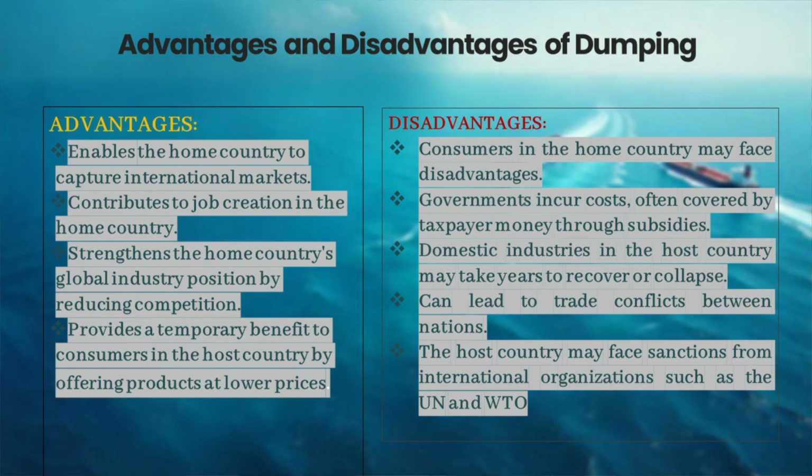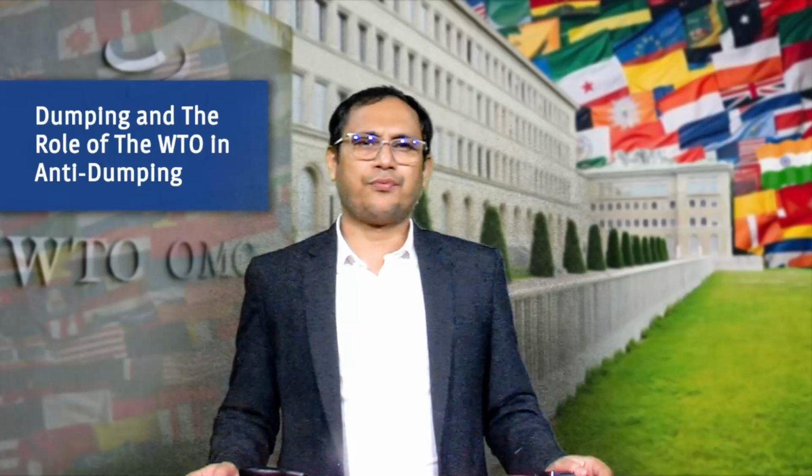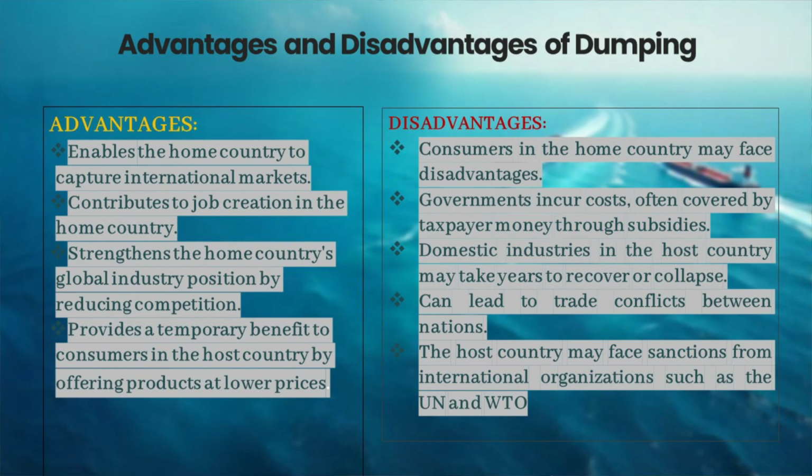It also strengthens the home country's global industrial position by reducing competition. This is obvious. This is basically a corollary of the second advantage, which I have already discussed. The fourth advantage of dumping is that it provides a temporary benefit to consumers in the host country by offering products at lower prices.